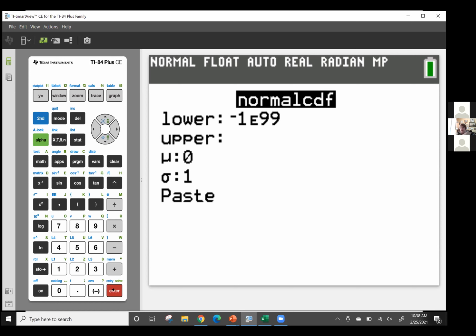Whatever your curve is, it can find the area underneath it for any of the infinite number of normal distributions. On Tuesday, we'll do a couple of examples of finding the area under the curve, or the probability, given a normal distribution. Are there any questions?